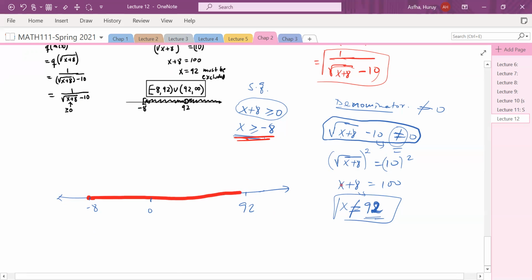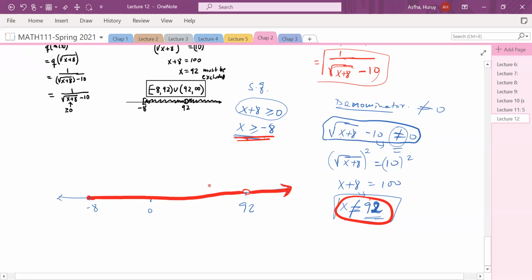When I reach 92, x has to be different from 92, so we exclude this point and continue again to the right. We don't stop here, we just skip this point.